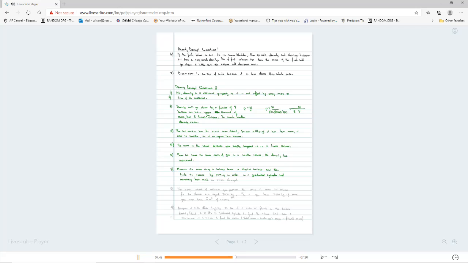So if you have 4,000 kilograms of mass, you must have 2,000 meters cubed of volume.